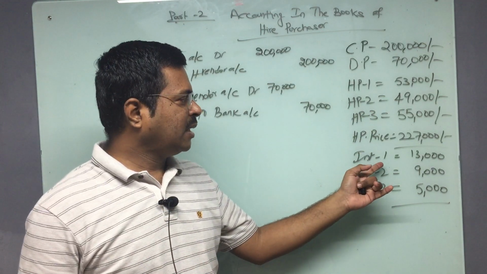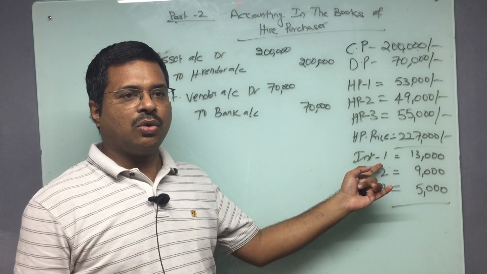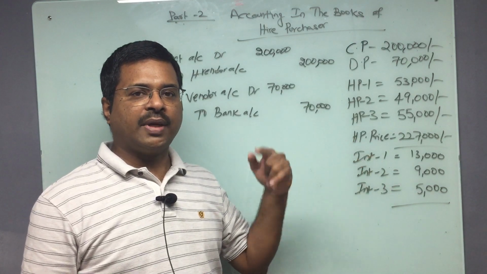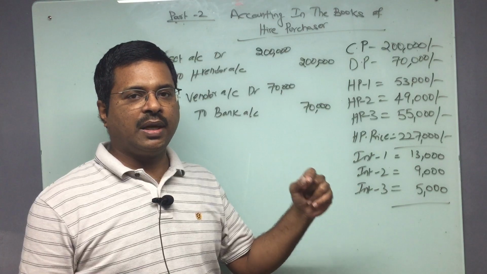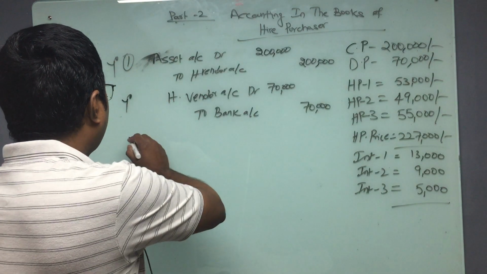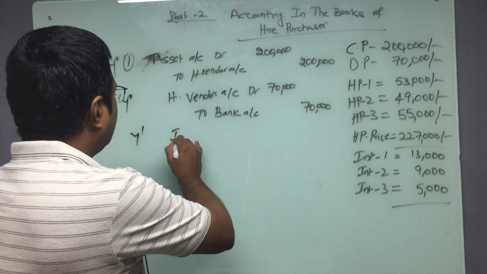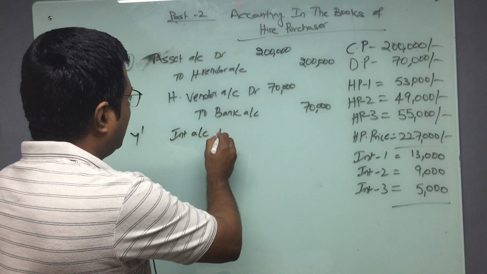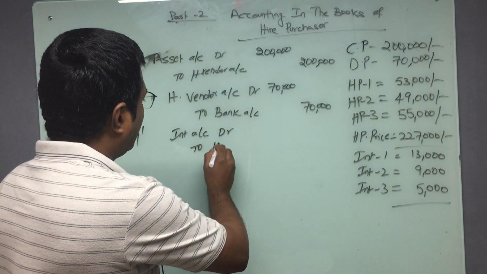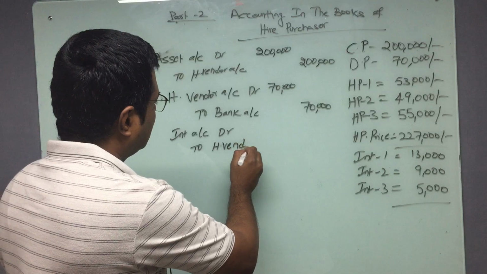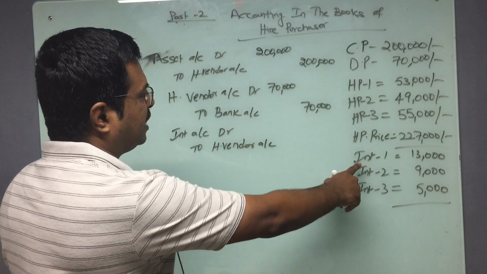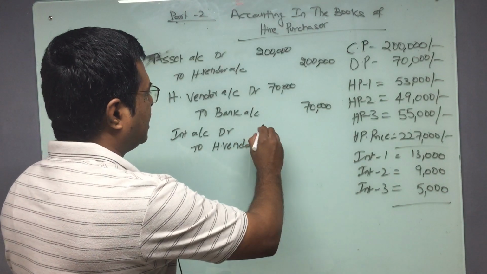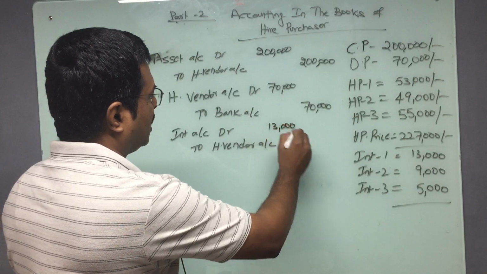We have already identified the interest element, so we record it as our expense at the end of year 1. End of year 1: interest account debit to hire vendor account. The interest of the first year is 13,000.